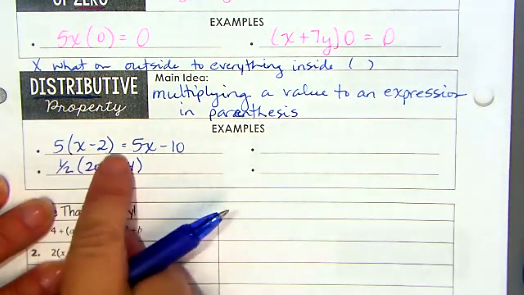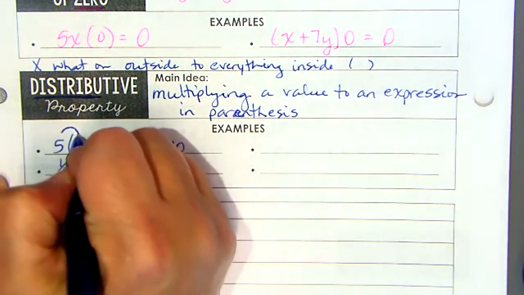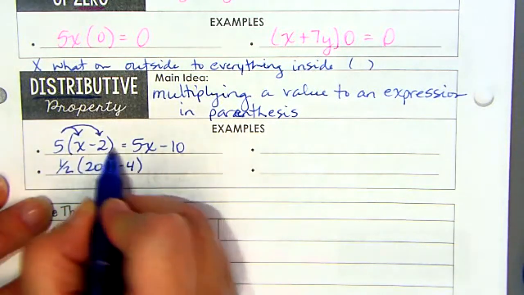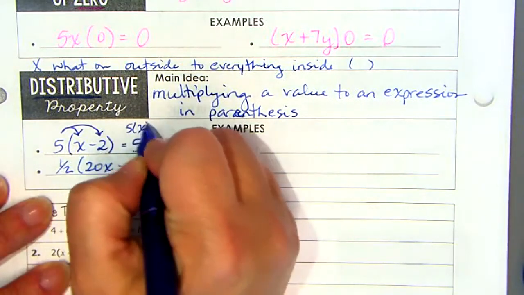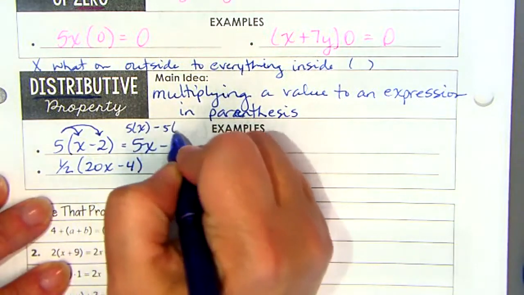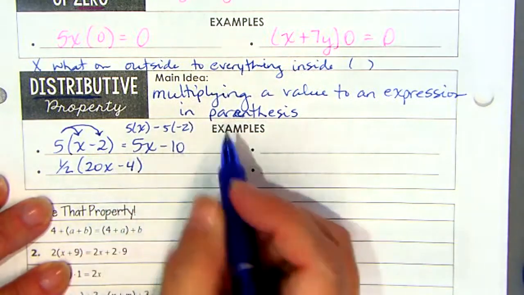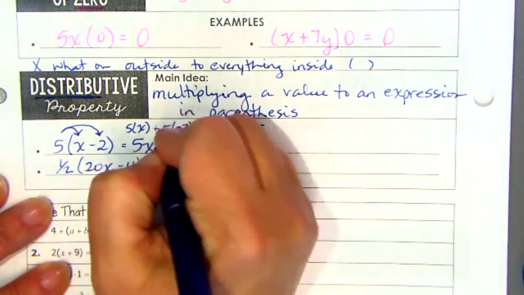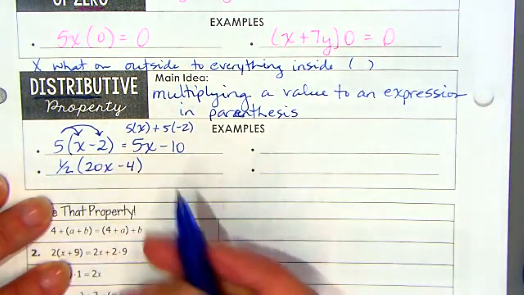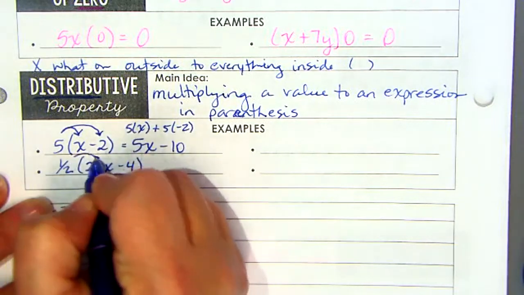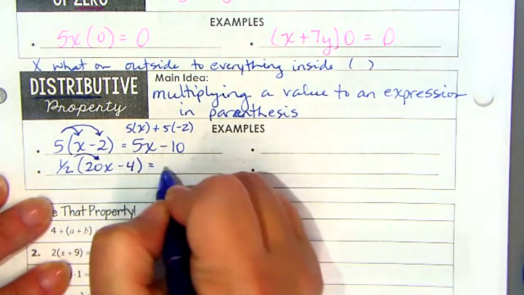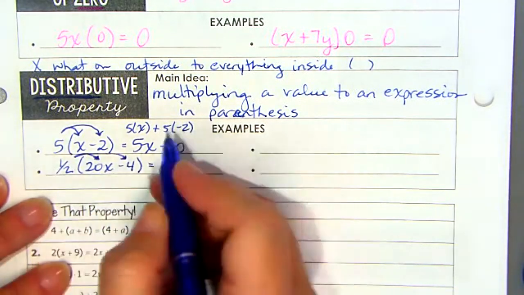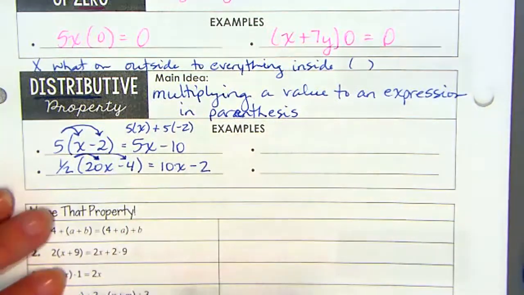What I did, by the way, for this top one, I take the 5 and I multiply it to everything inside. So I had 5 times x gave me 5x, 5 times -2. So we had 5 times x minus the 5 times -2. So that's how I ended up with 5x minus 10. So here, if I'm going to do 1/2, half of 20x, that's going to give me 10x. Half of -4, that's going to give me a -2.